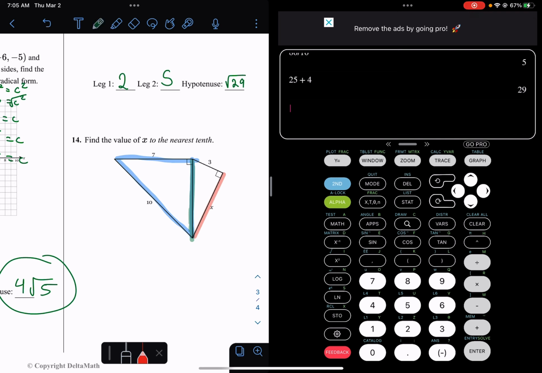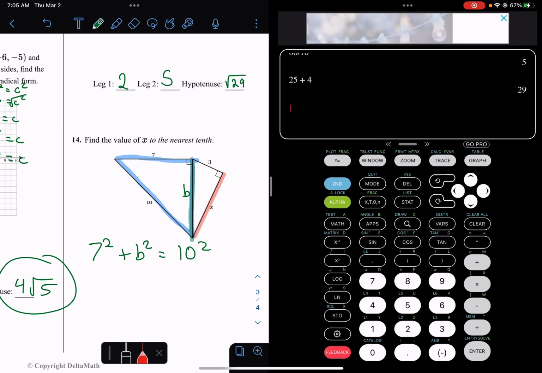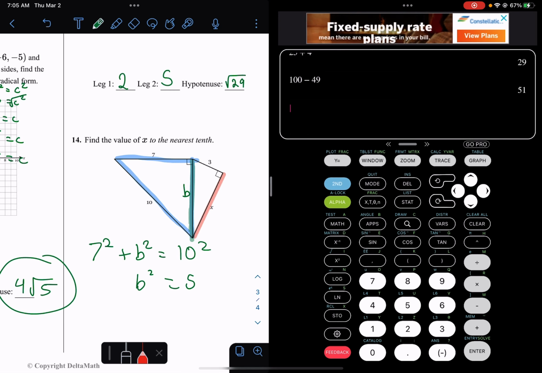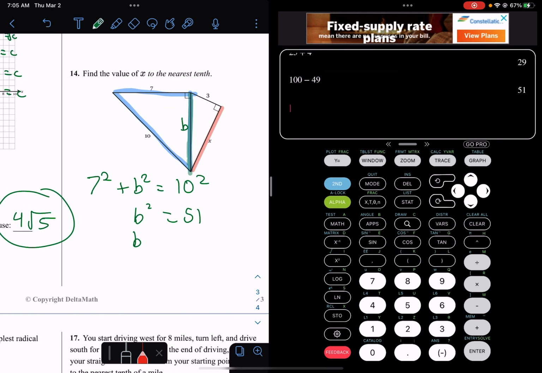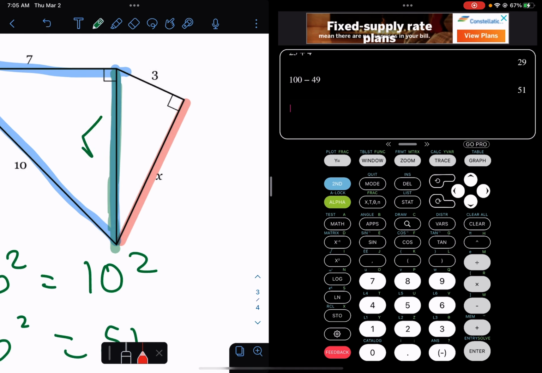We've got 7 squared plus, we can call this b, plus b squared equals 10 squared. So we're going to end up with 100 minus 49. So we know that b squared is going to give us 51. So b is equal to the square root of 51. Like I said, just leave this side in radical form. Do not round it. We're going to leave this as the square root of 51.